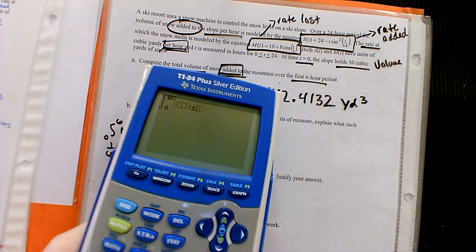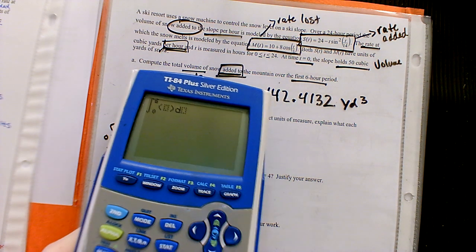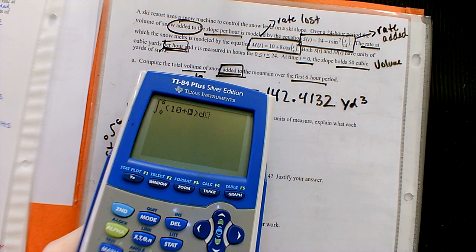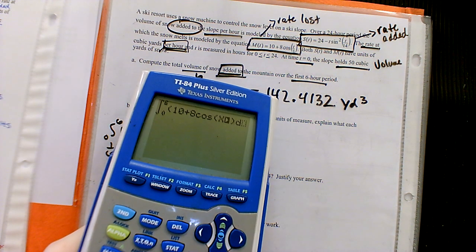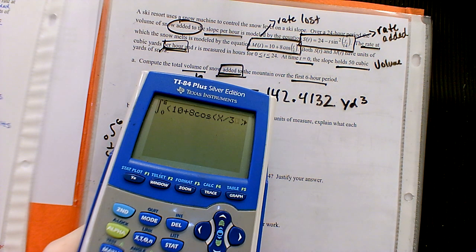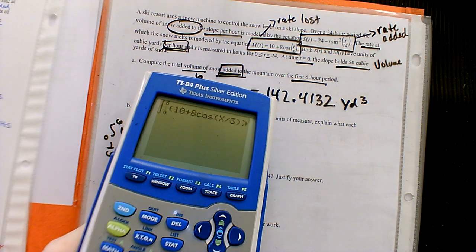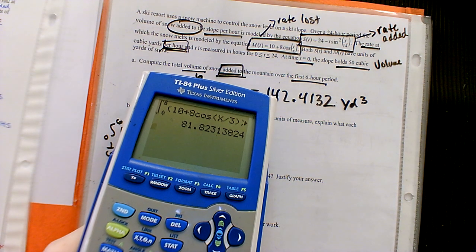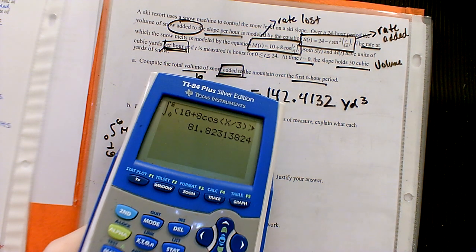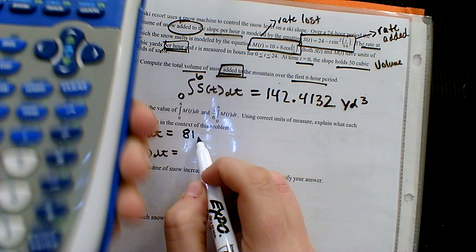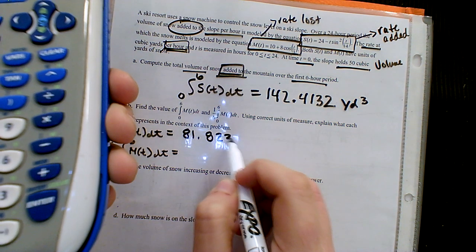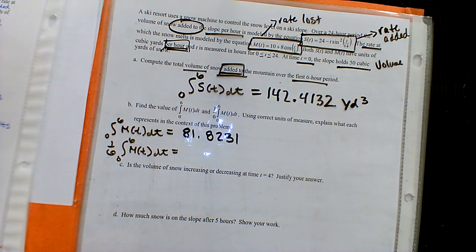Math 9, 0 to 6. Let's see, M function 10 plus 8 cosine x divided by 3. We get 81.8231.